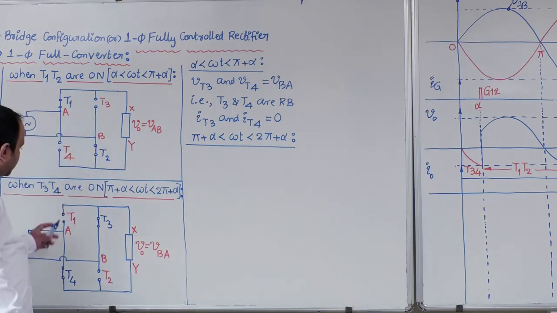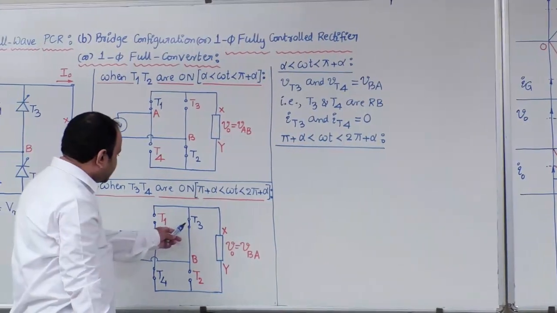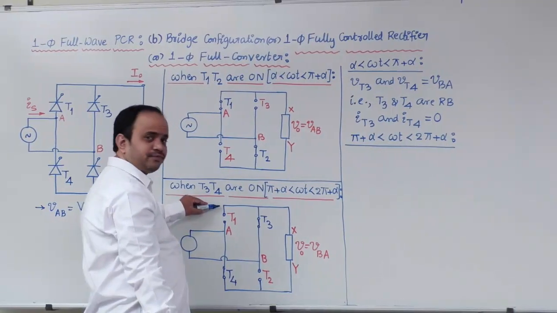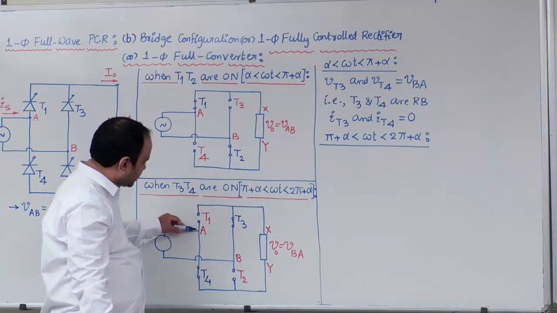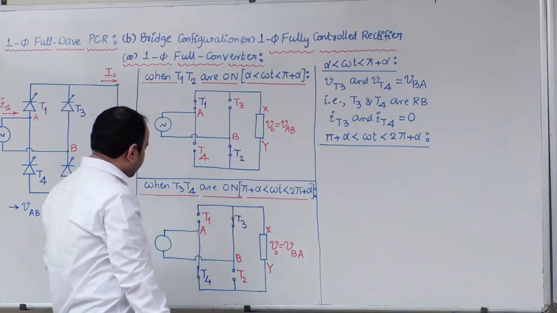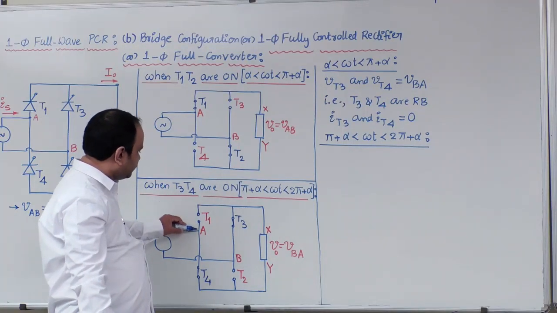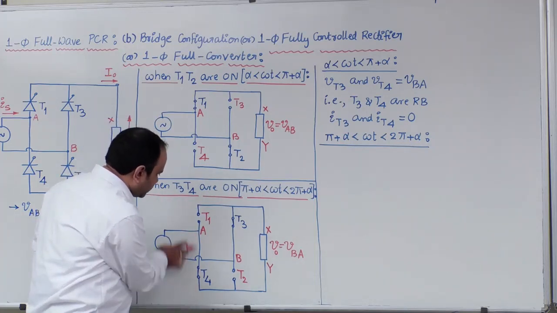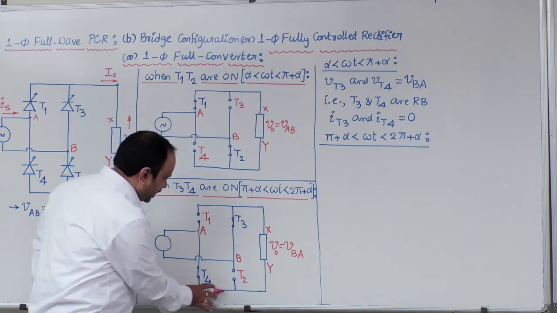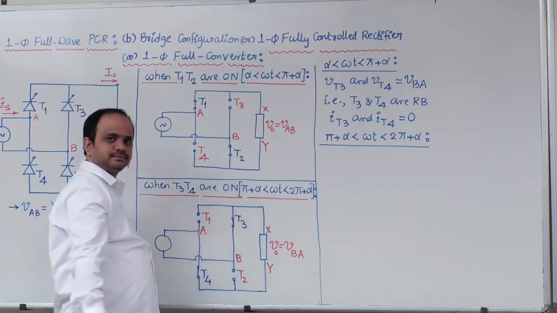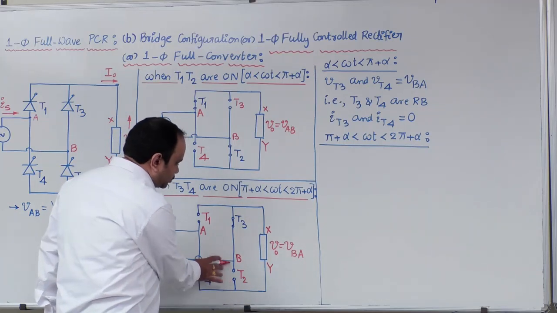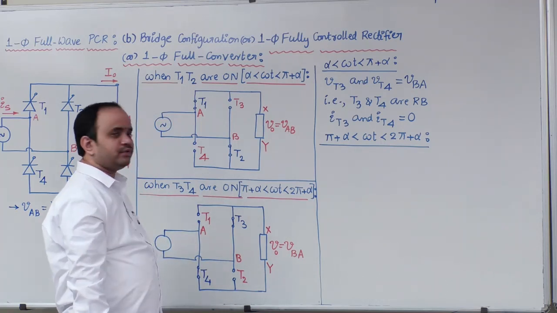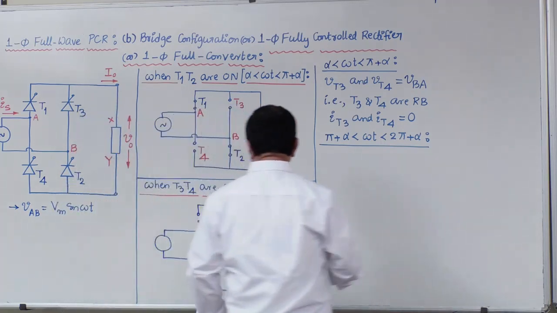When T3 is on, the B terminal will be connected at the cathode of T1, and the anode of T1 is connected to source terminal A. Therefore, what is the voltage across T1? VAB. Next, when T4 is on, source terminal A will appear at the anode of T2. Therefore, what is the anode to cathode voltage of T2? VAB.